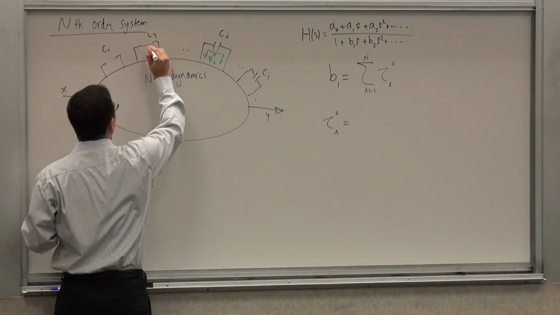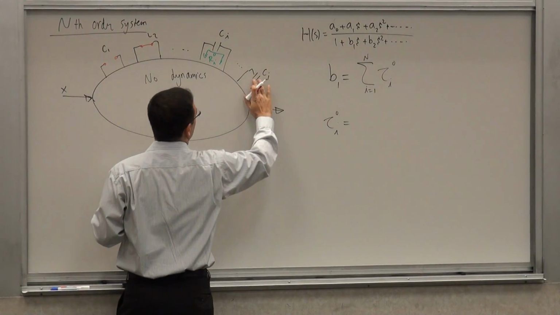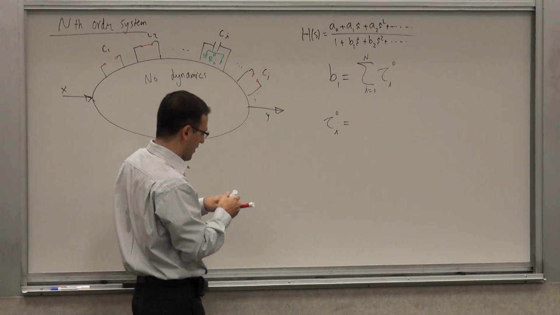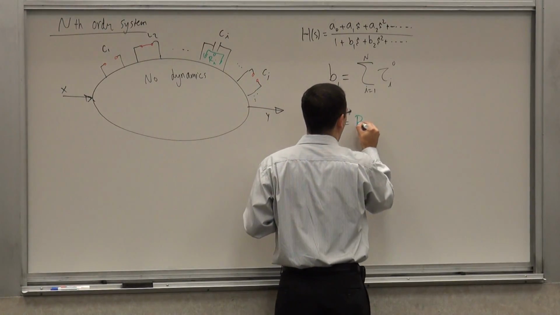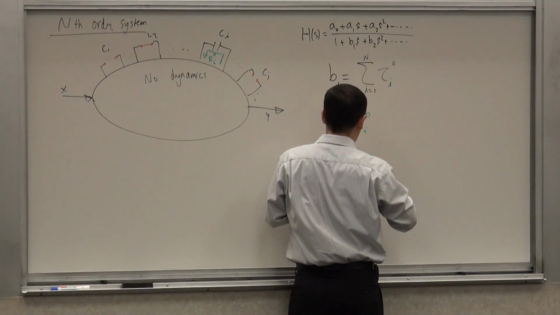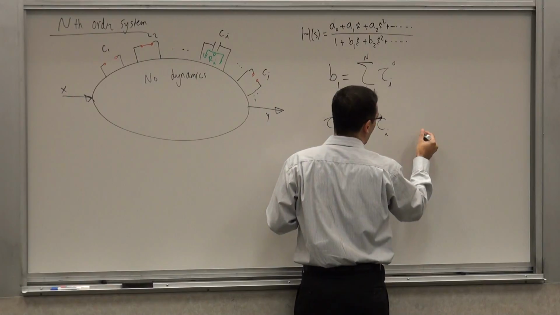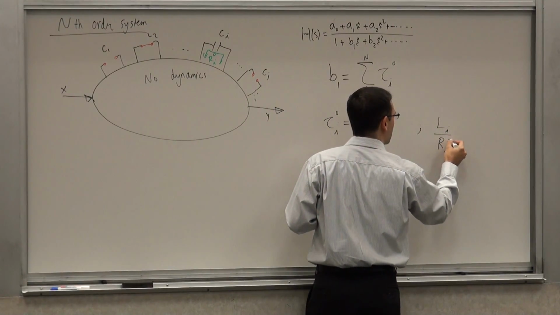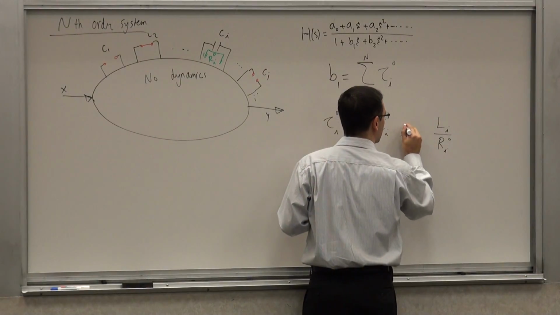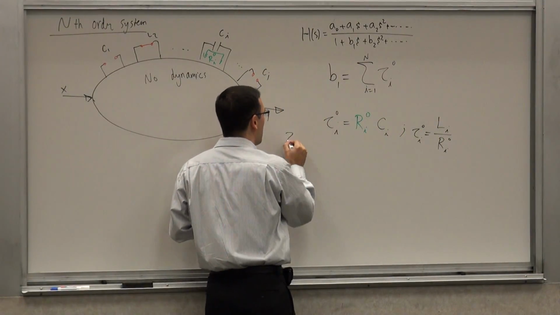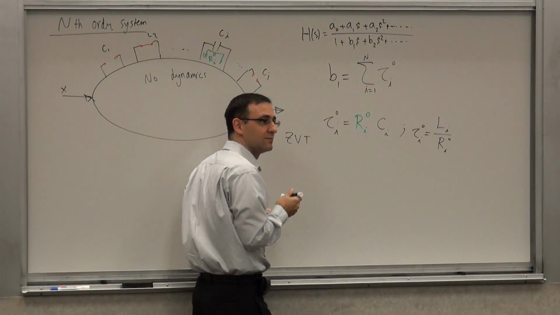This one is a short. This one is open. And so on and so forth. So it's Ri0 times Ci. Or if it were an inductor, it would be Li over Ri0. So we call these zero value time constants.